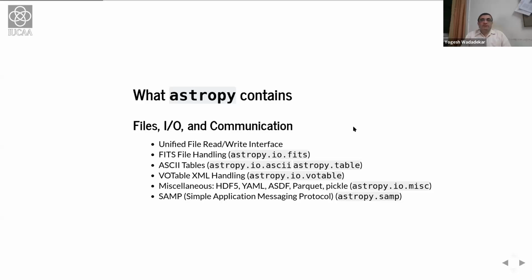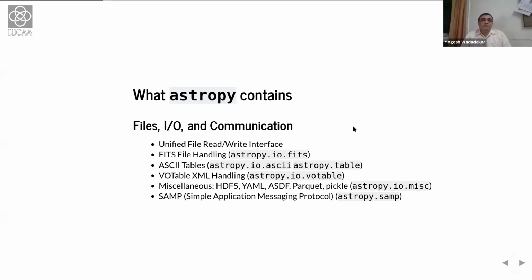So they have defined their own data format, their own table format. They call it VOTable, for Virtual Observatory table. It's basically an XML-based format. So if you want to use files in that format, then use astropy.io.votable.